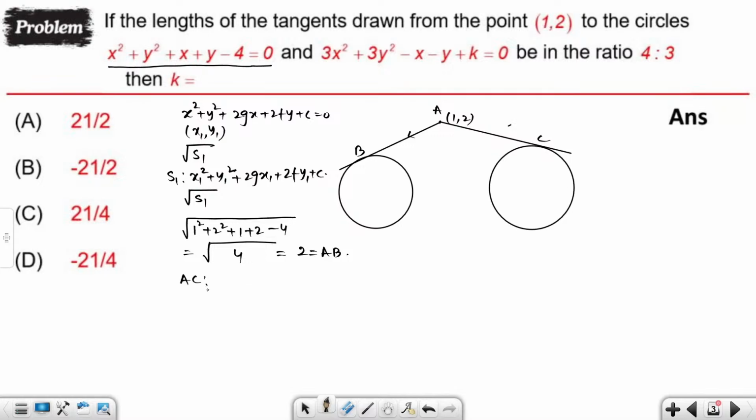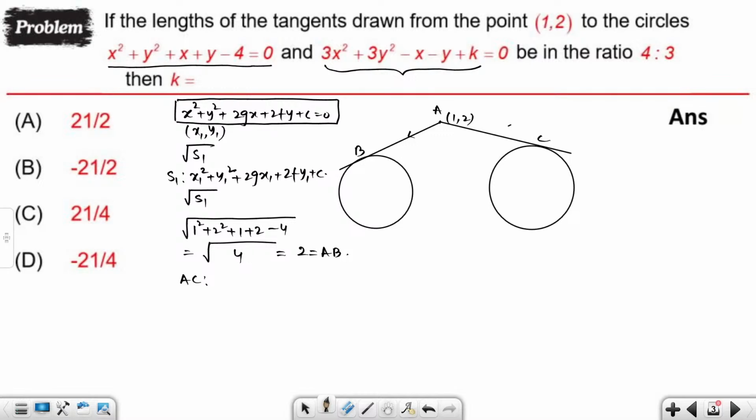Now, the common mistake that students make is that they straight away put this point into this equation. That will be absolutely wrong. If you want to find the length of the tangent, the form should be x square plus y square plus 2gx plus 2fy plus c equals 0. That form should be there. In this case, 3x square plus 3y square is there.